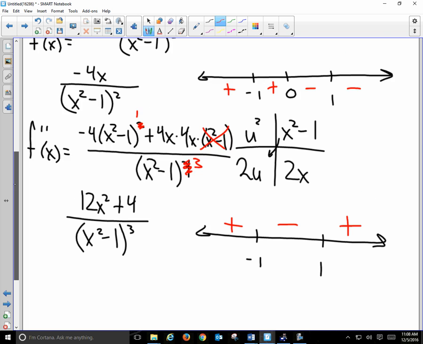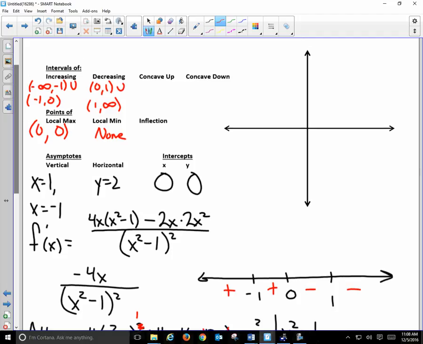So now we know our intervals of concavity. Concavity is going to consist of concave down from -1 to +1, concave up from -infinity to -1, union with 1 to infinity. Now, you might be tempted to say that you have inflection points.